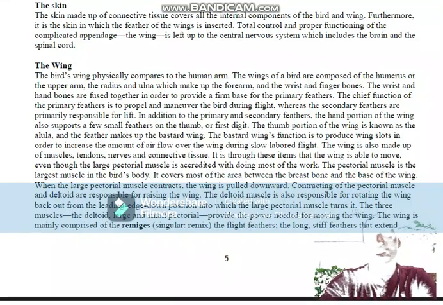This thumb portion of the wing is also known as the alula, and the feathers which make up this part are called the bastard wing. The bastard wing mainly functions to produce the wing slot in order to increase the amount of air flowing over the wing during slow flight.